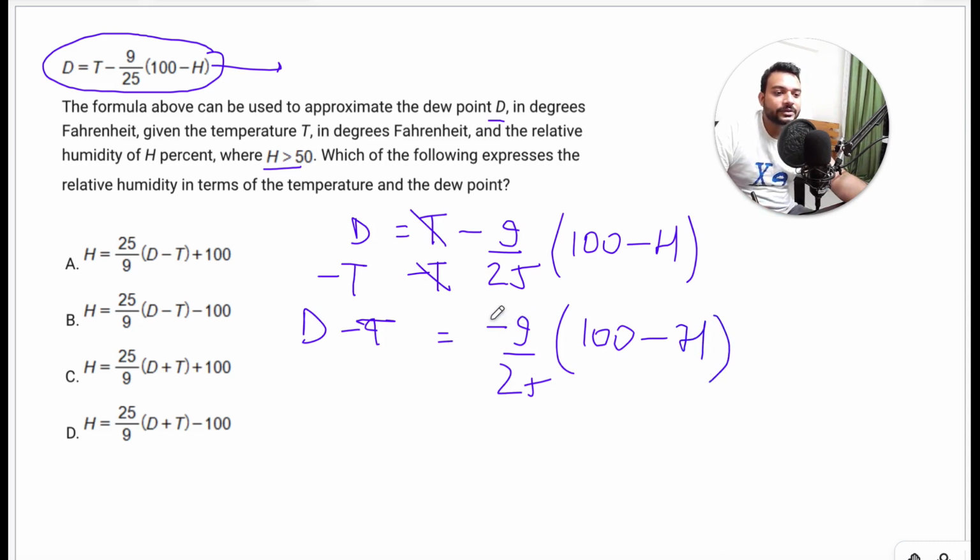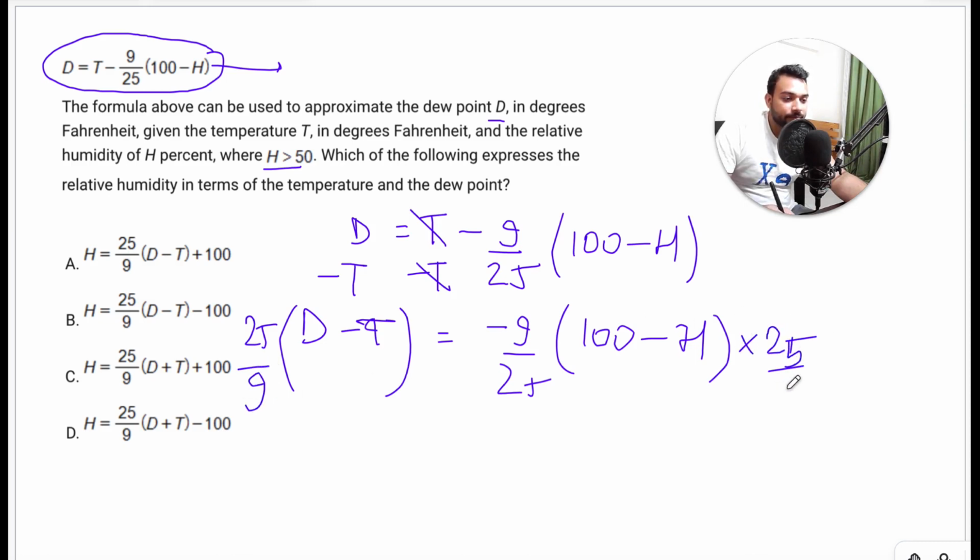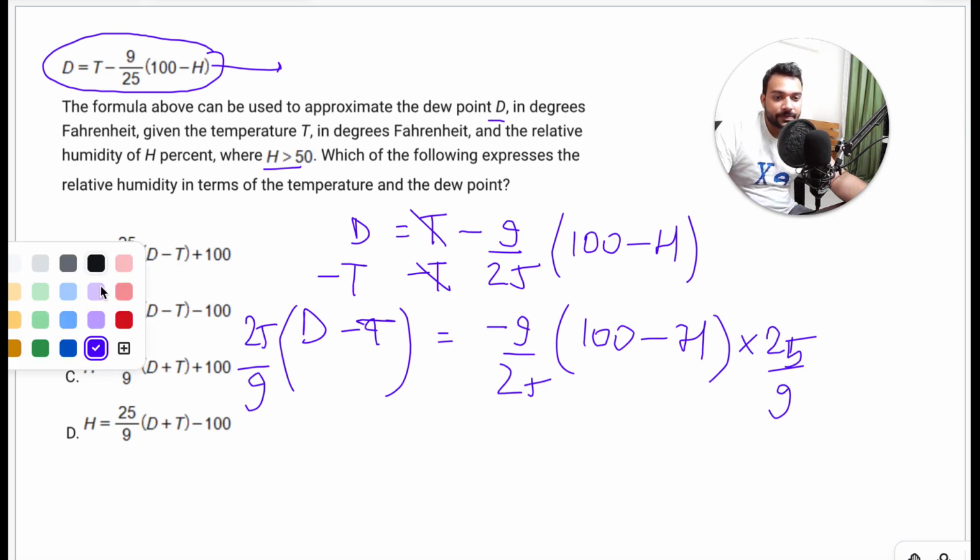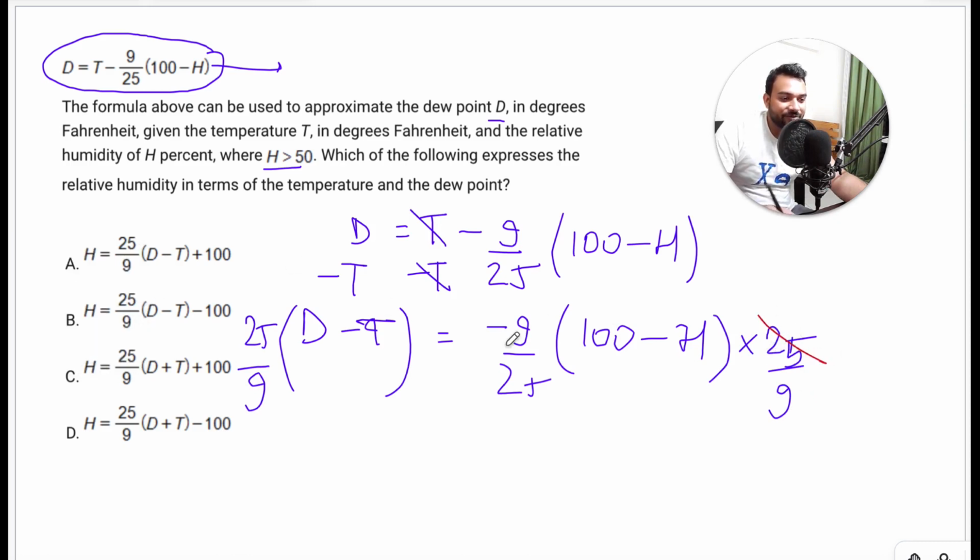Now we get rid of the negative 9 over 25. For that we need to multiply both sides by negative 25 over 9. So we get 25 and 25 cancelled, 9 and 9 cancelled.